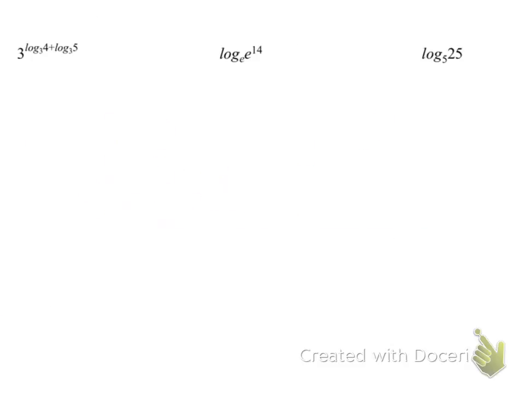So the first problem we have here is a base 3 that has an exponent that is actually 2 logs separated with a plus sign. And both of those logs are base 3. We actually can do 2 different things on this one.